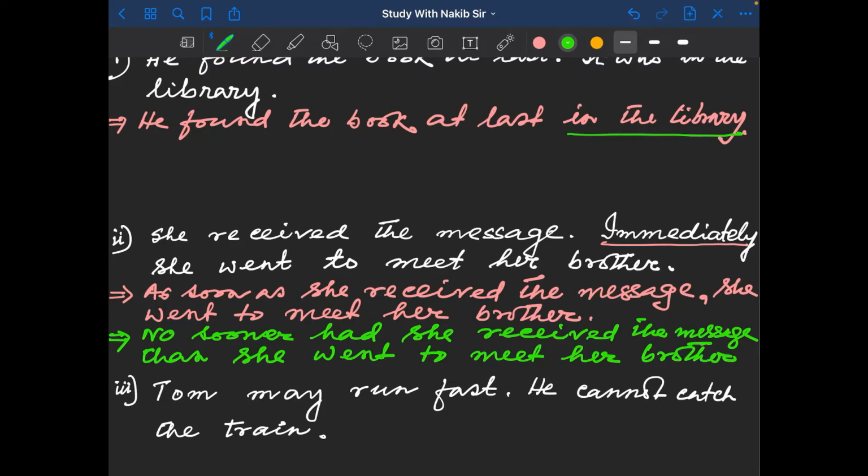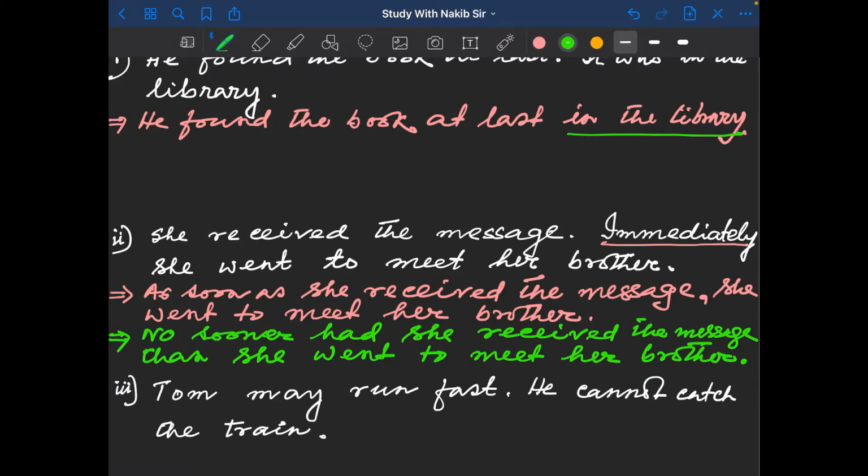Okay, this is your second combined sentence. But here you must remember, if you use no sooner, you must use had, and if you use had, this verb must be in the past participle form, and if you use no sooner, you must use than before the next clause in a sentence. Remember these few points, okay, for your perfection.